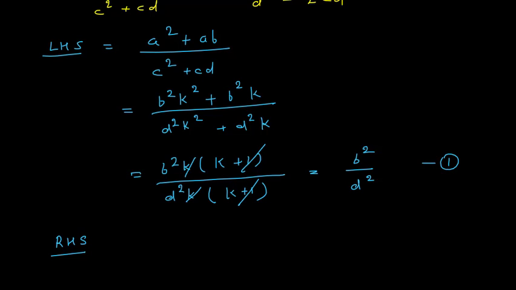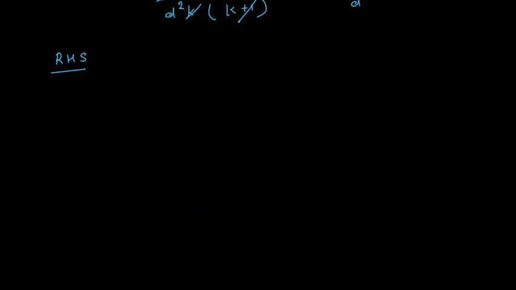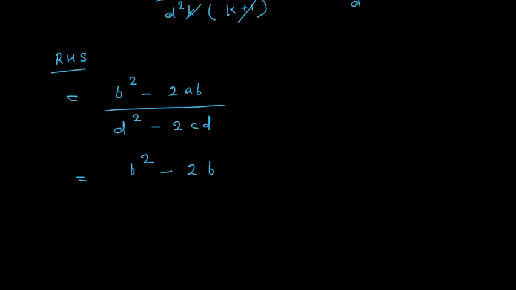Now you take RHS, it is (B square minus 2AB) upon (D square minus 2CD). So B square will remain as it is, minus 2, this will become B square K, as A is BK.